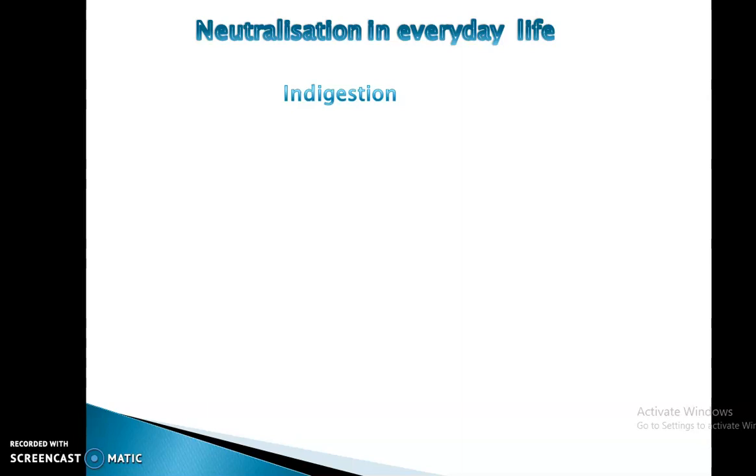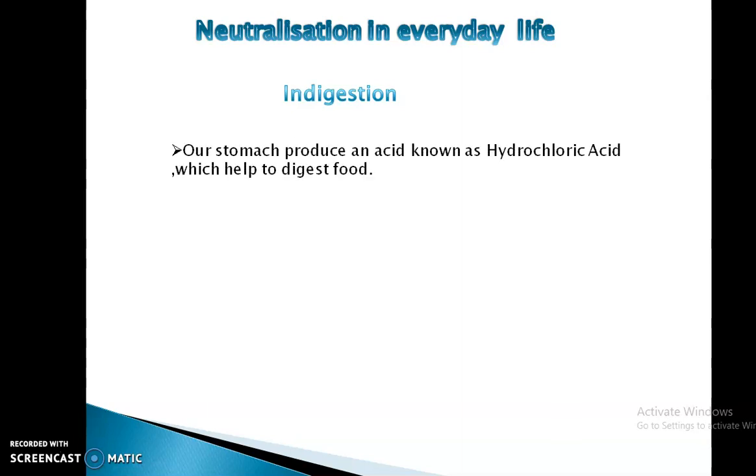Either you have had too much spicy food, or too much food, then there's a chance for indigestion. Our body, especially our stomach, produces a kind of acid which is dilute hydrochloric acid. This hydrochloric acid helps in the digestion of food and makes the food acidic in nature.